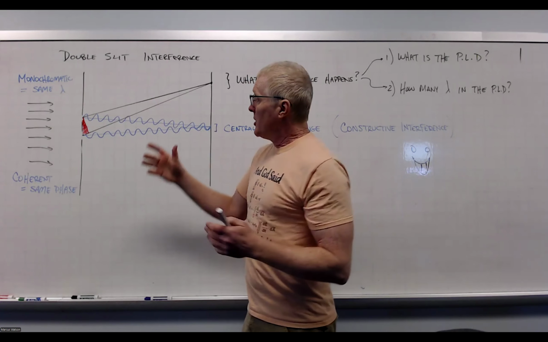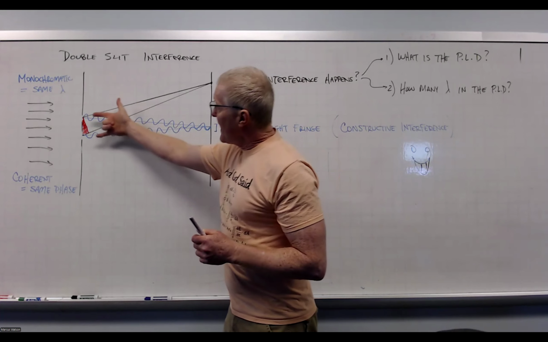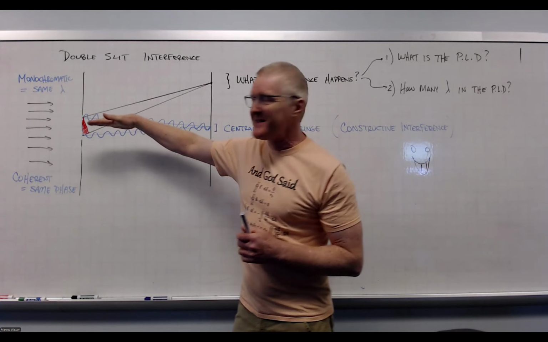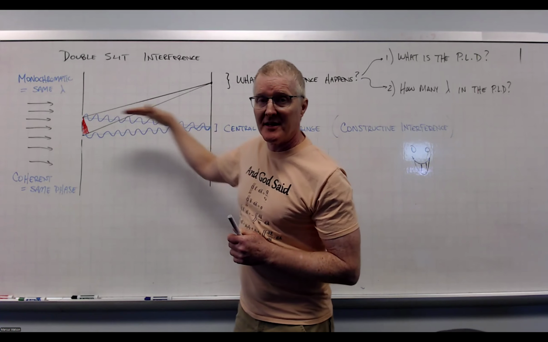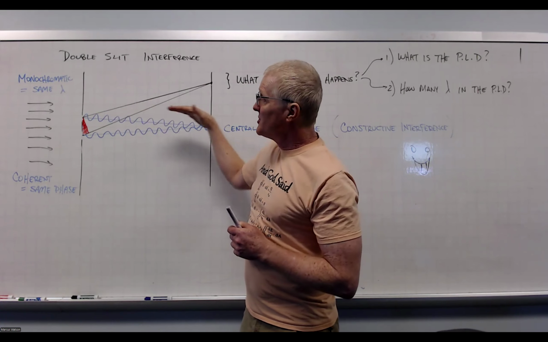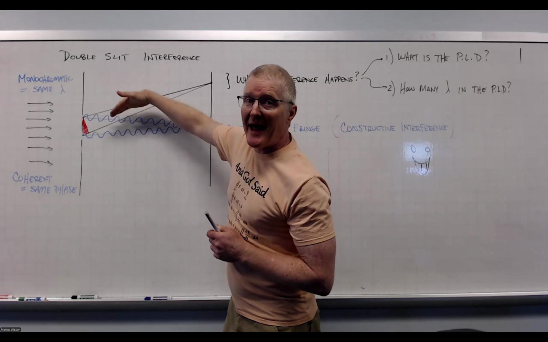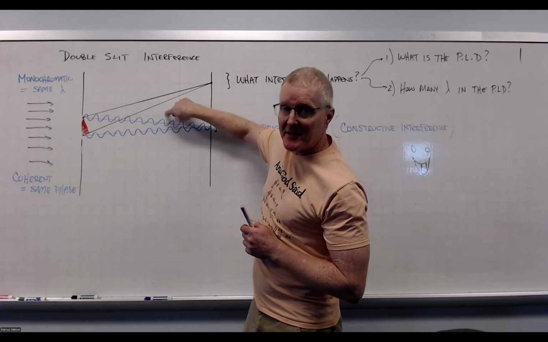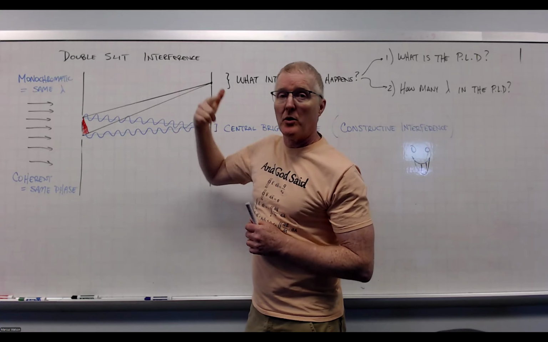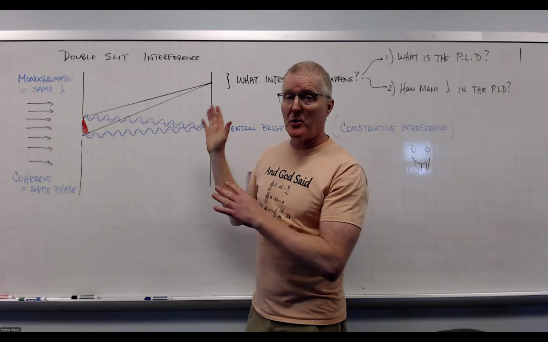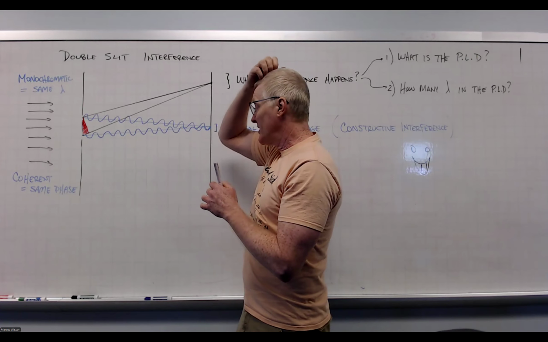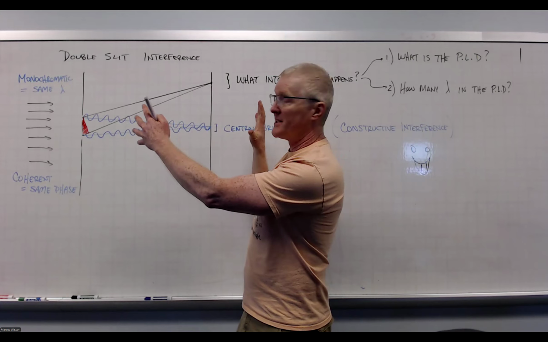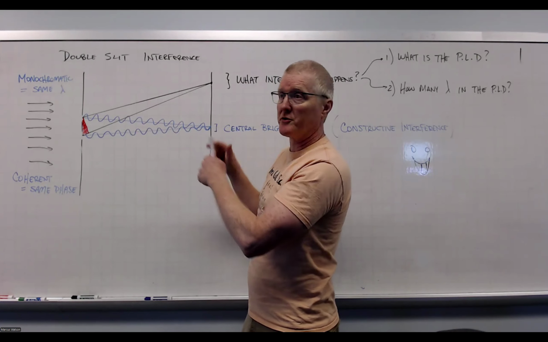In other words, the rays leaving to hit the central maximum are basically horizontal, basically 0 degrees. So we're going to measure both this ray and this wave to be at the same angle. It doesn't look like that the way I've drawn it, but that's what we are assuming, because of the scale of this drawing. It's just foreshortened too much.